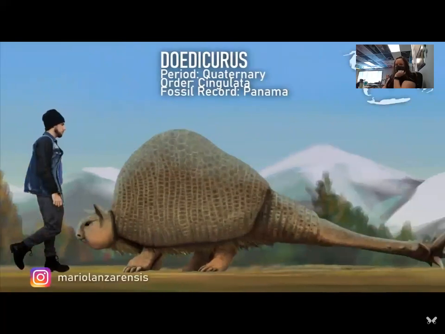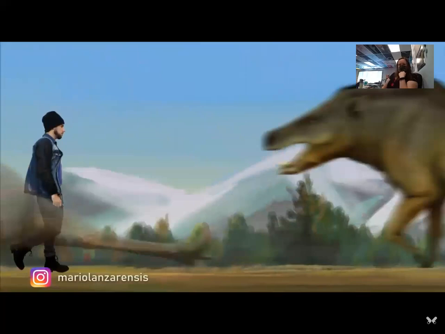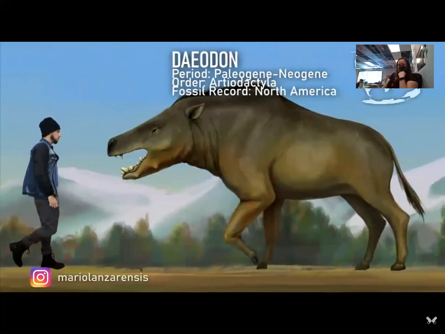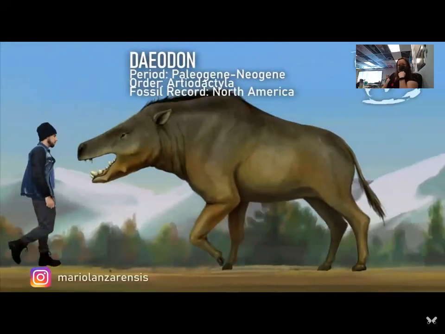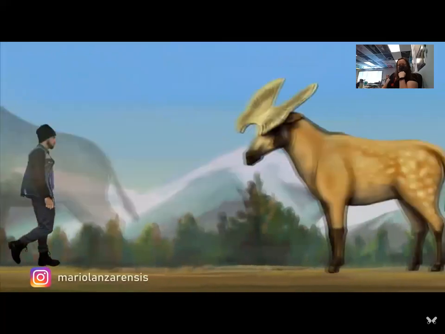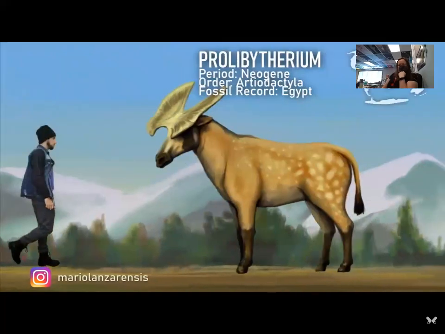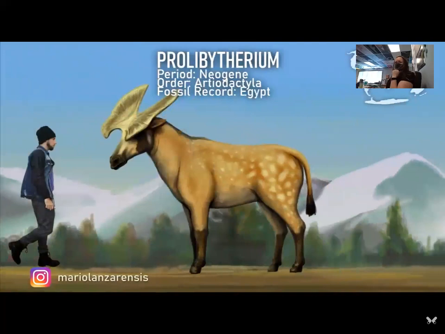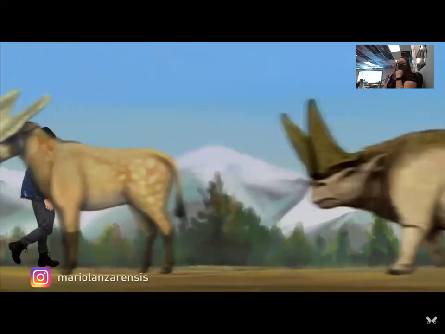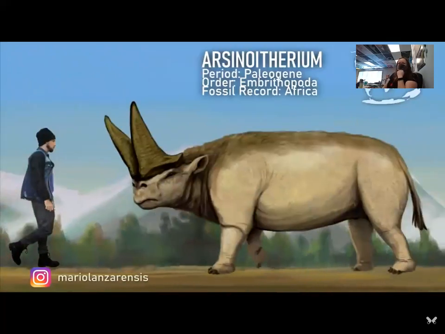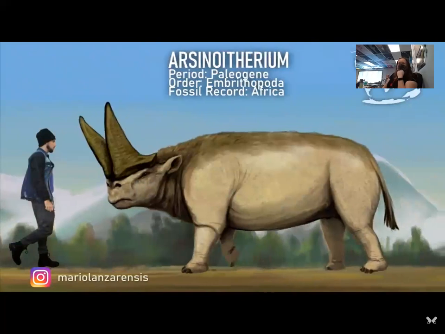An armadillo with a spiny tail. Maybe like a moose ancestor or something. A rhino, probably.